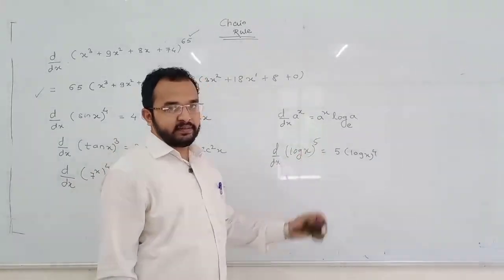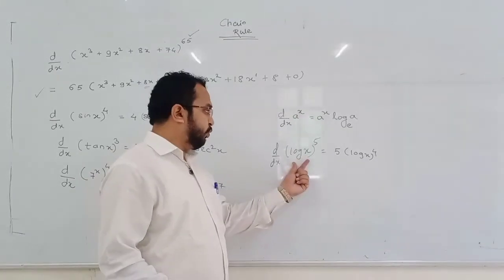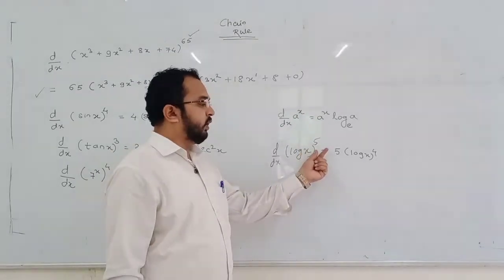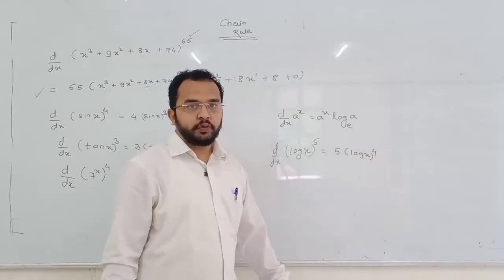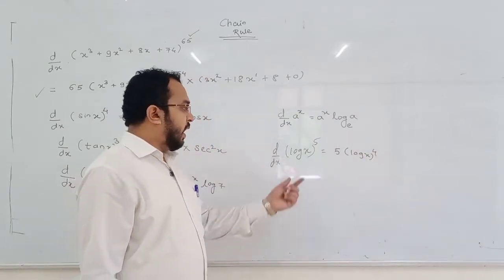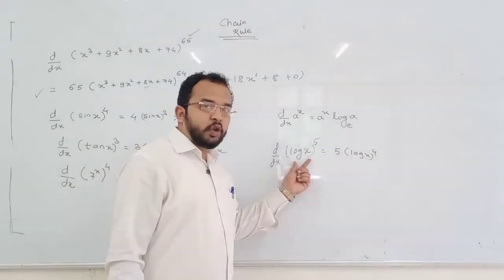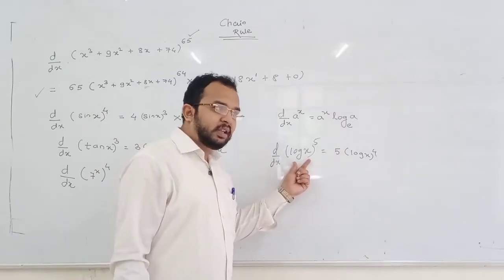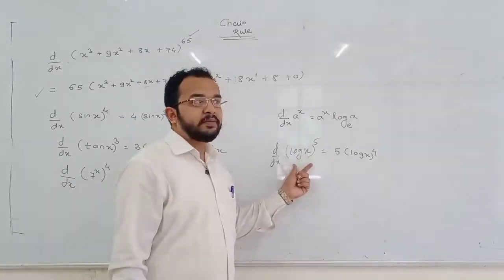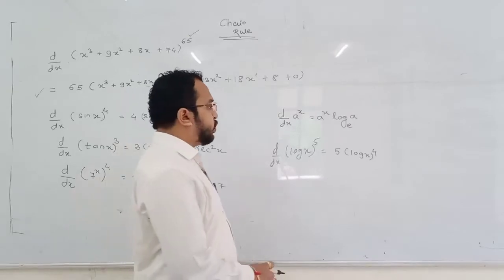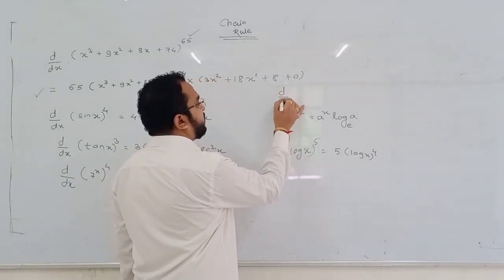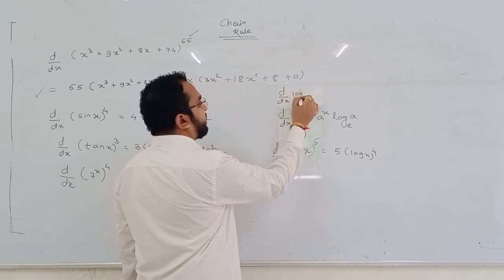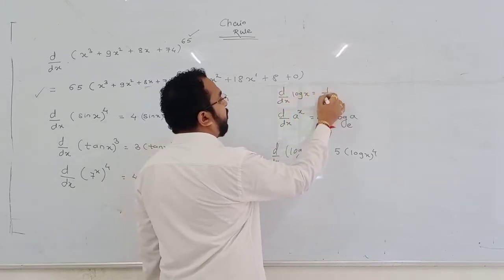Assuming this as x, we assumed it as x, its power was 5. That 5 came into the numerator and the power reduced to 4. But whatever is given in the bracket is not x, it is something other than x. So differentiate that something. Okay. So what is the differentiation of log x? Yesterday we saw that differentiation of log x is 1 upon x.